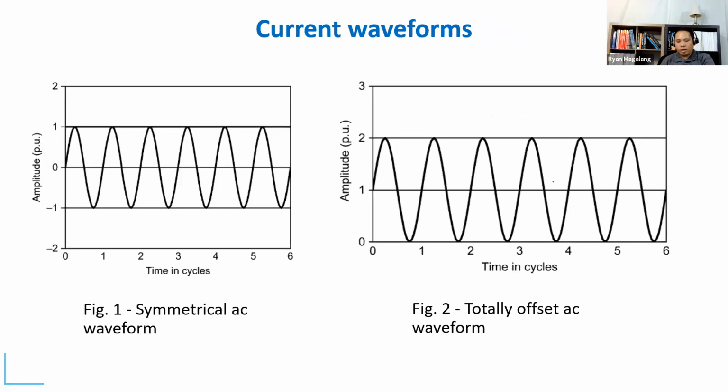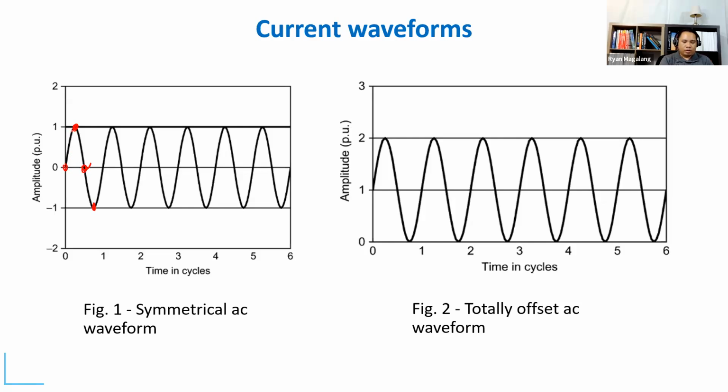So okay, so now showing here some waveforms. I know most of us have seen this. So we have this what we call symmetrical AC waveform that we are very familiar of. So a current or voltage magnitude that oscillates between the zero value to the positive maximum and to the negative maximum also.